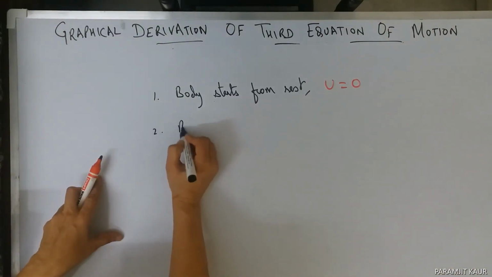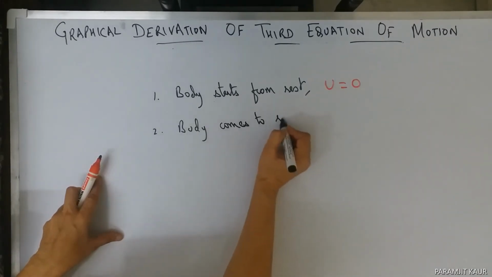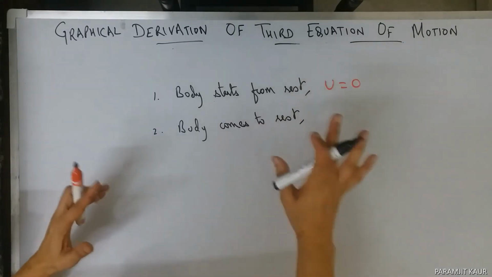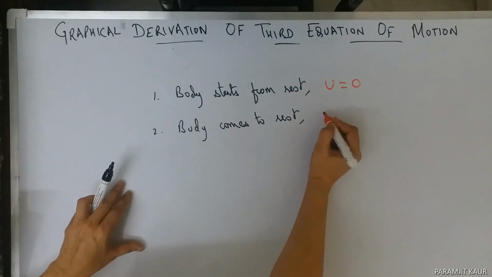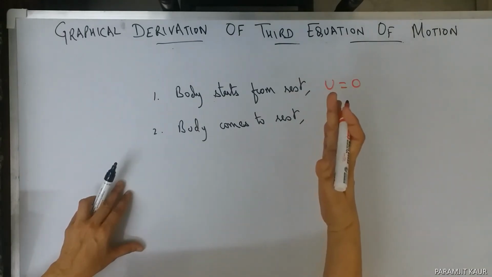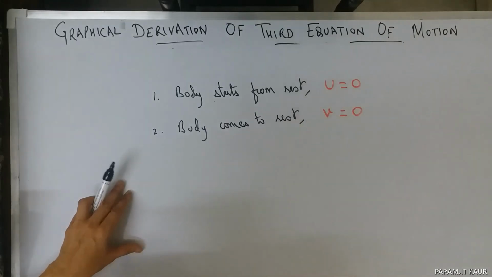If in the numerical it is given the body comes to rest after covering some distance, or when brakes are applied, that means the body has come to a stop position. That is its final point. So v equal to 0.